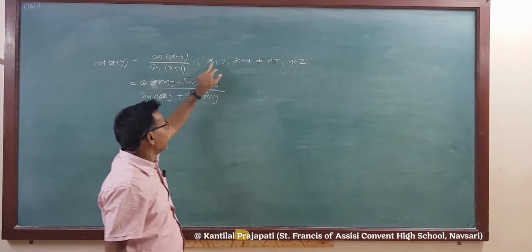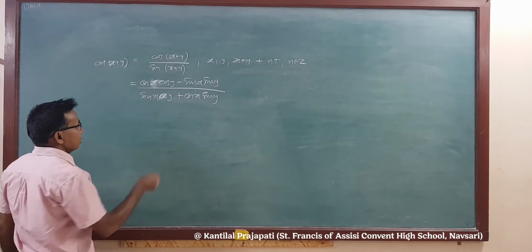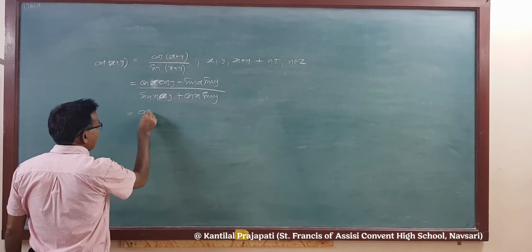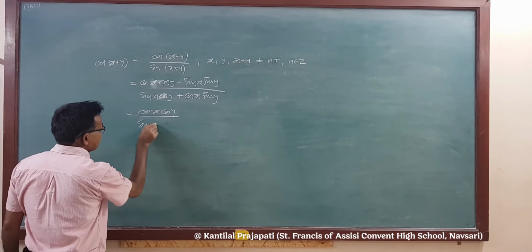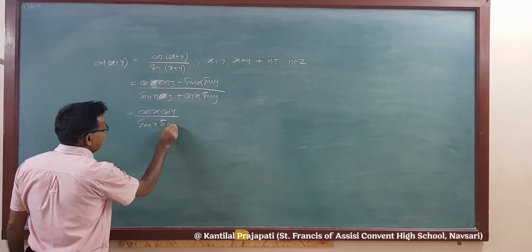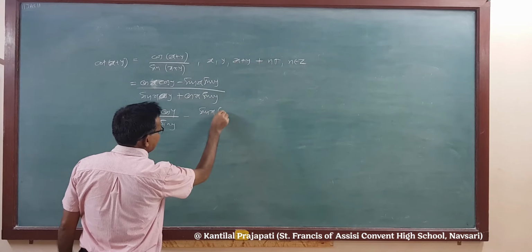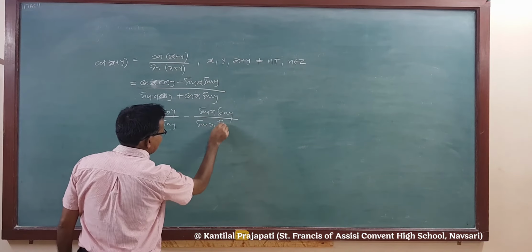As sin x is non-zero and sin y is non-zero, sin x into sin y is a non-zero number. So we are dividing by sin x into sin y. So cos x, each term divided by sin x into sin y, minus sin x sin y divided by sin x sin y.